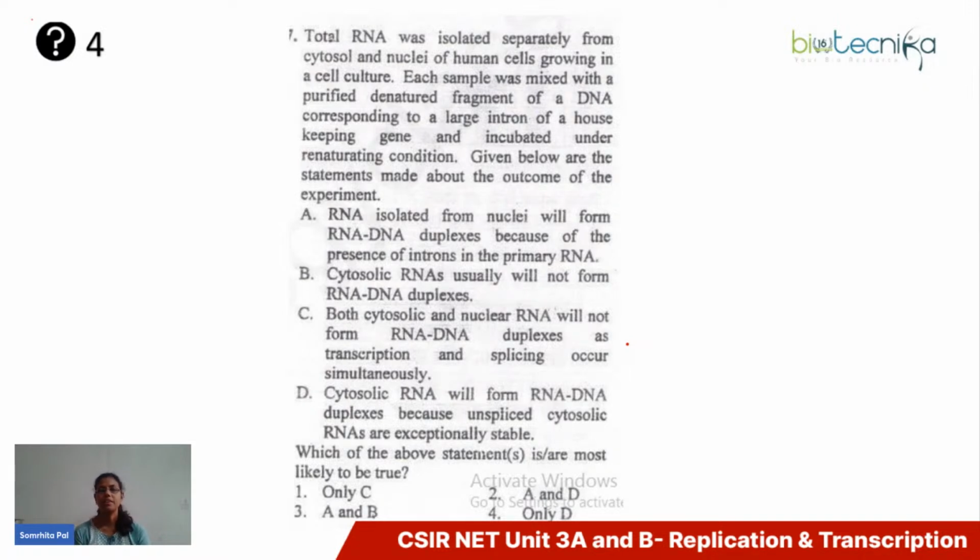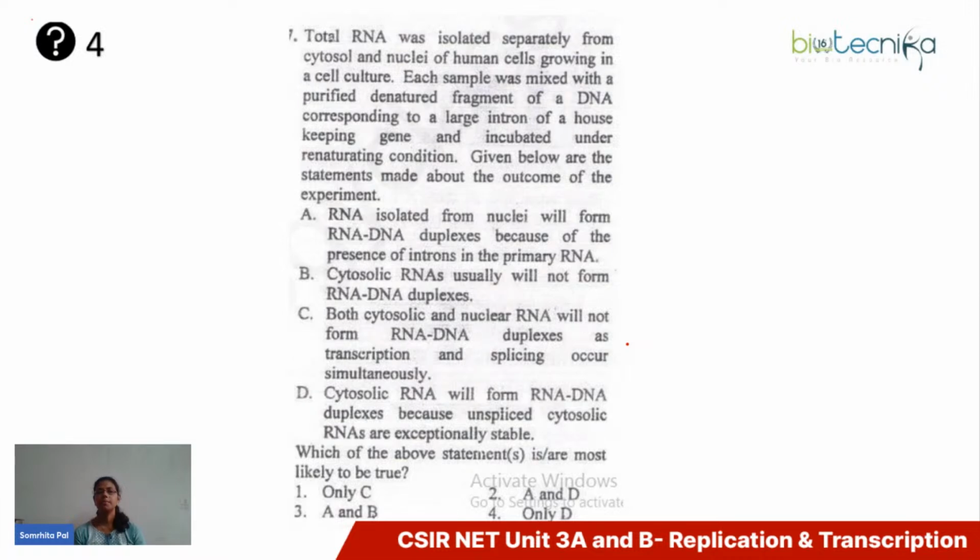Again, a paragraph based question I have for you, a very familiar kind of question. This is again from your transcription. Total RNA was isolated separately from cytosol and nuclei of human cells growing in a cell culture.